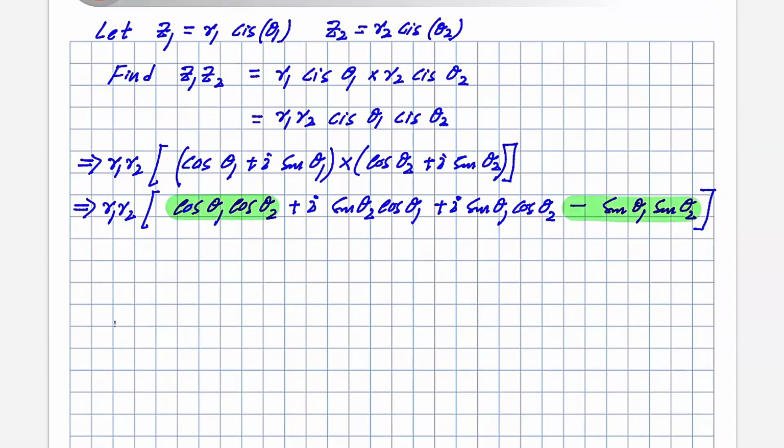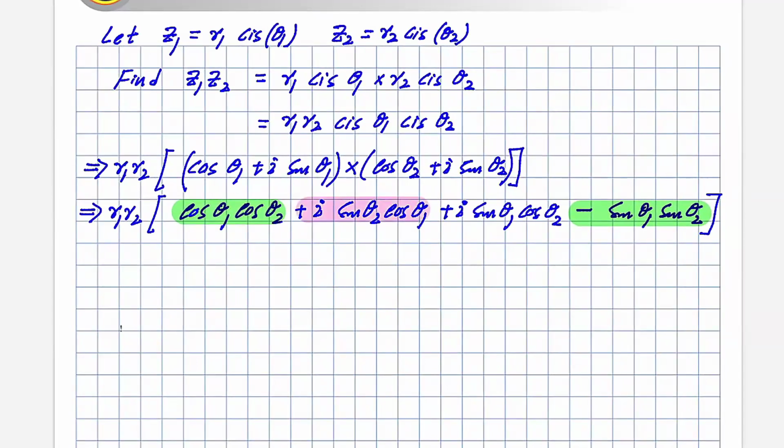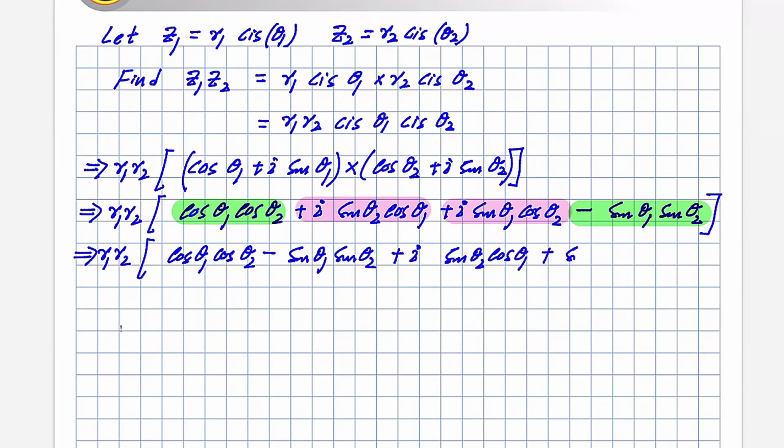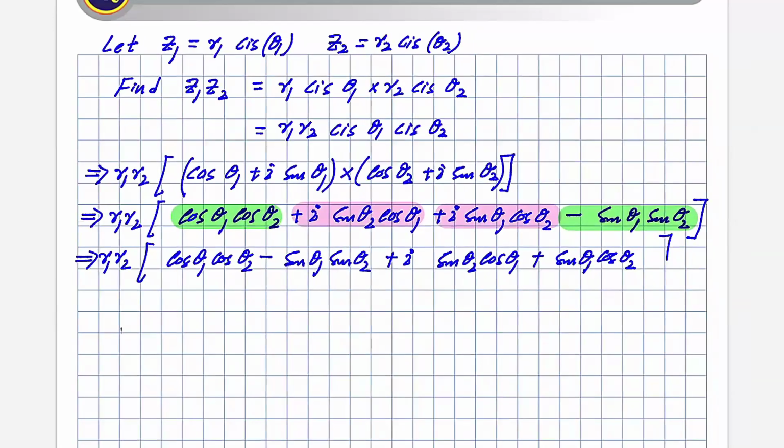Now I'm going to group these two and group these two. When I group it accordingly, I get this plus I sin theta 2 cos theta 1 plus sin theta 1 cos theta 2, like this.